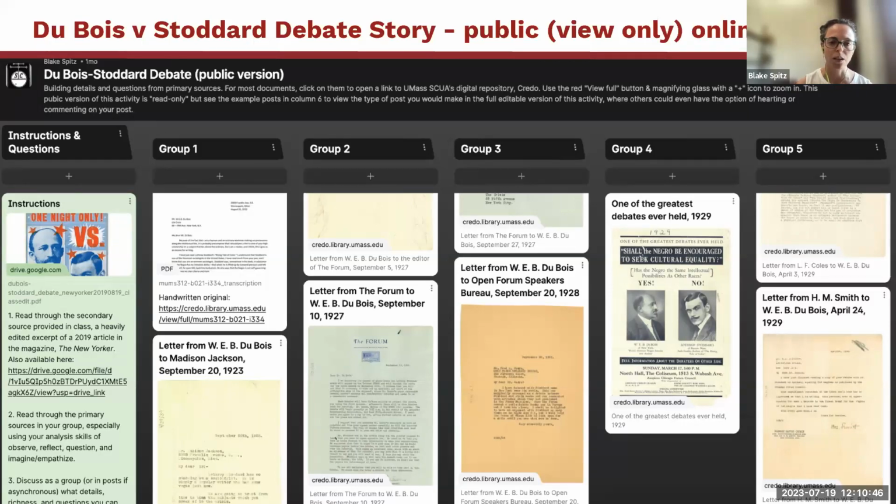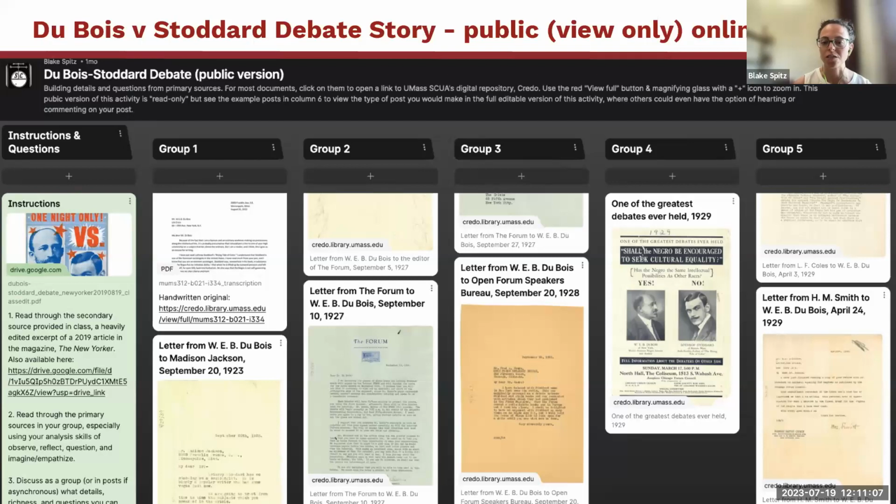A quick example is that students get some information that Du Bois is aware of Stoddard well before the debate. So we get his opinion on this man as some additional context that we can add to our story. We get some information about Du Bois later on after the first debate, going into the second one, how eager he is to participate in this event.